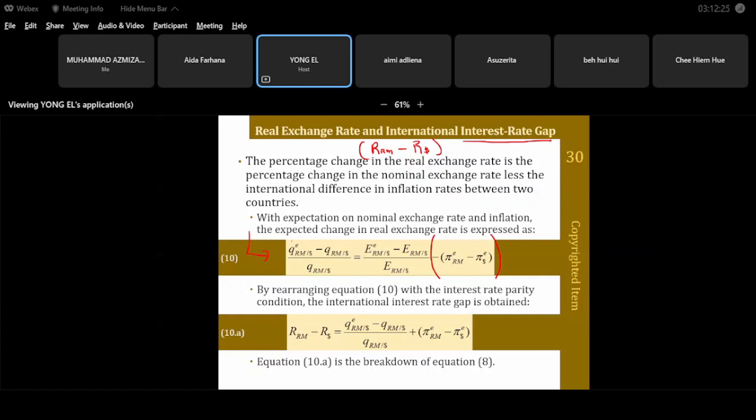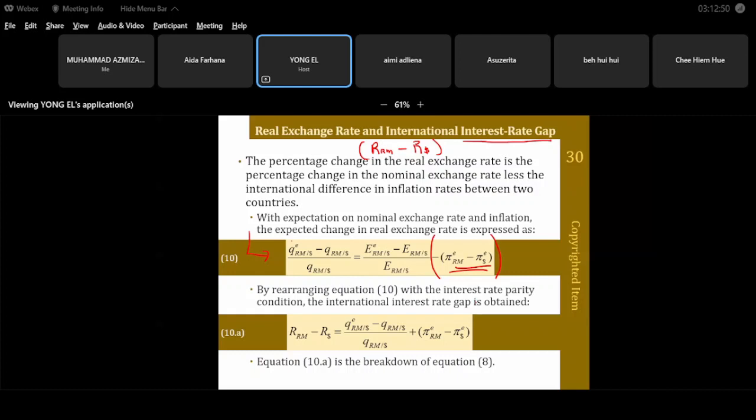If the inflation rates between the two countries are not the same, then the percentage change in real exchange rate should be equal to the percentage change in nominal exchange rate, netting out the differences in the inflation rate between the two countries, right?